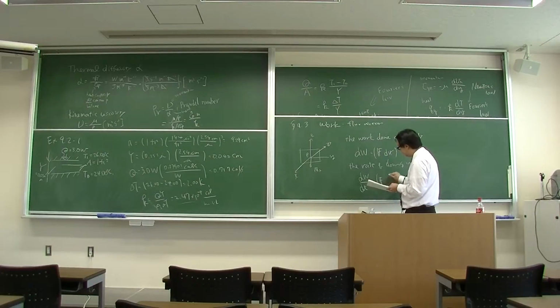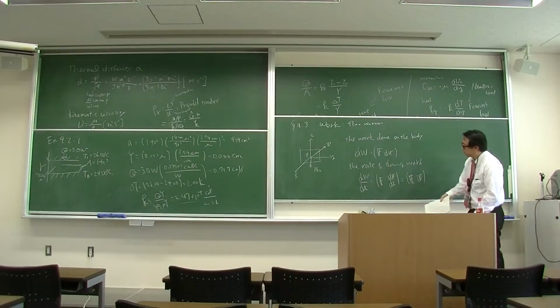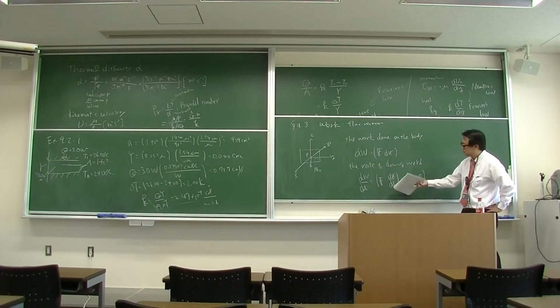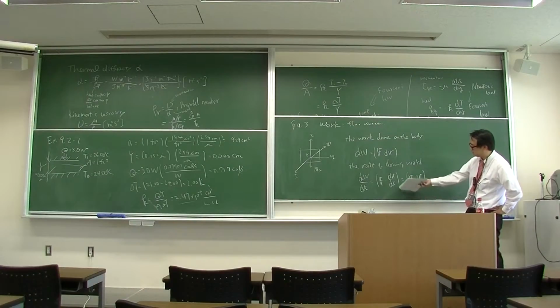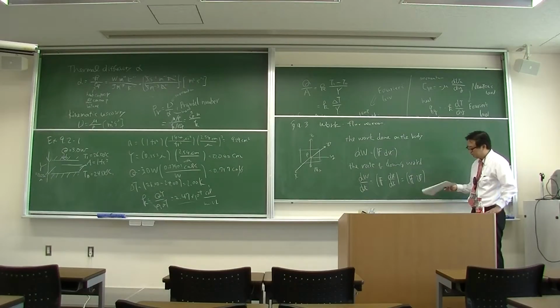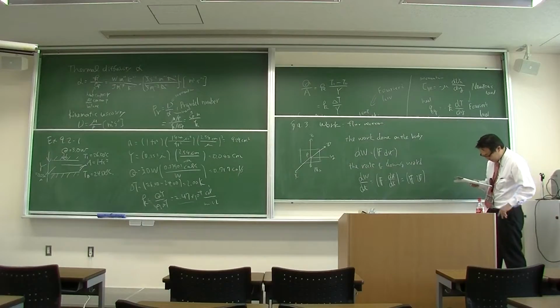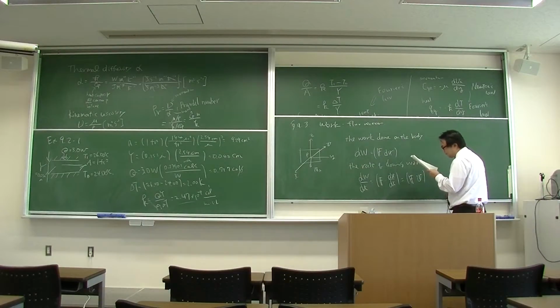At constant force, we can say this: the small displacement divided by dt is simply v, the velocity vector.